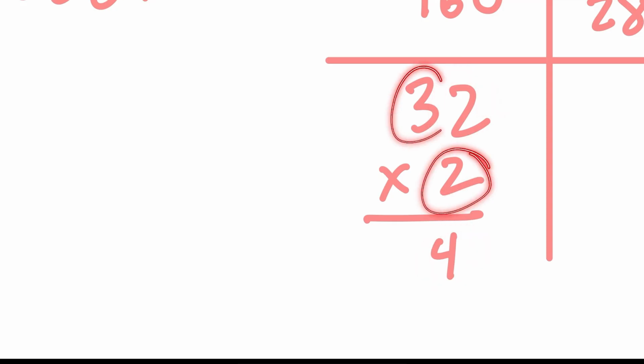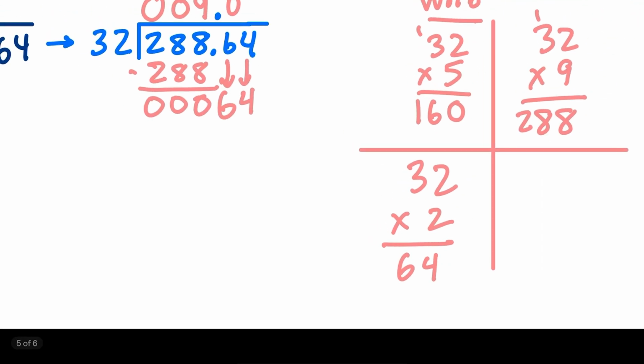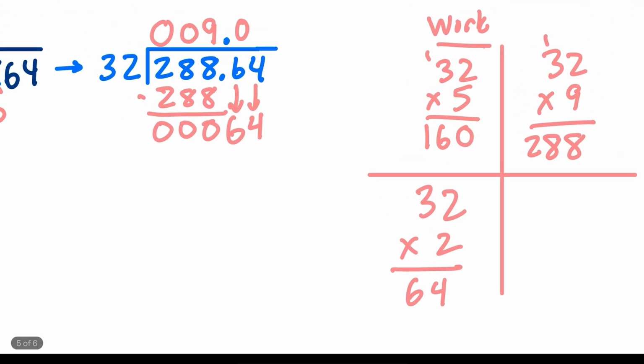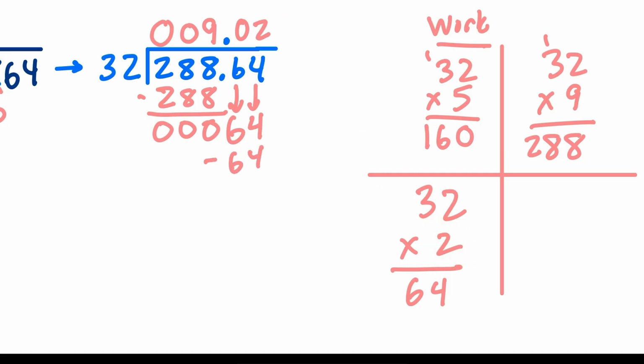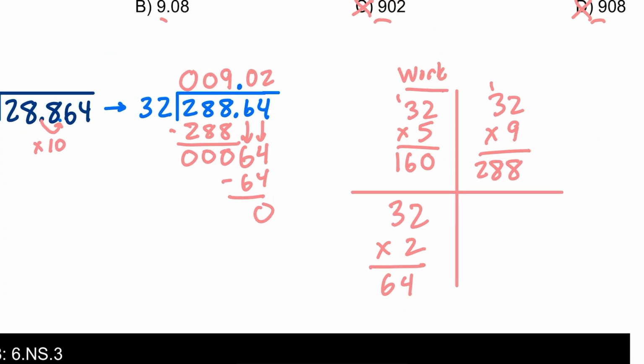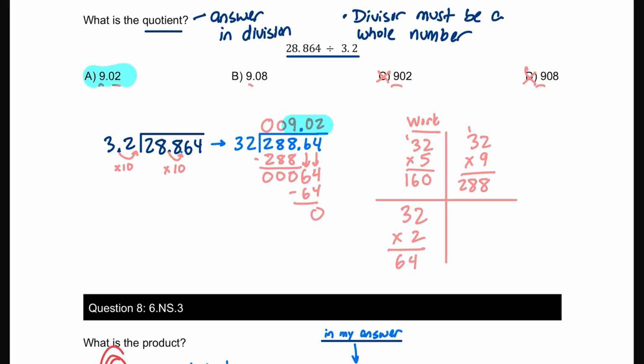And now we've got 2 times 3, which is 6. So that's going to give us 64. So we'll put the 2 right up here. I have 64. Subtract. I get 0. And that means that my quotient is 9.02, which is choice A.